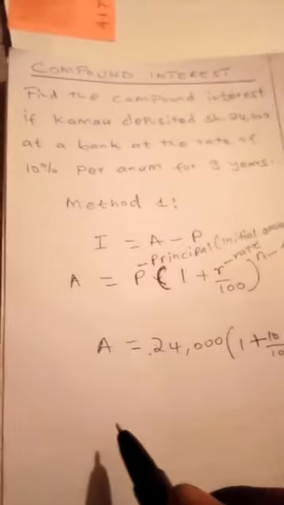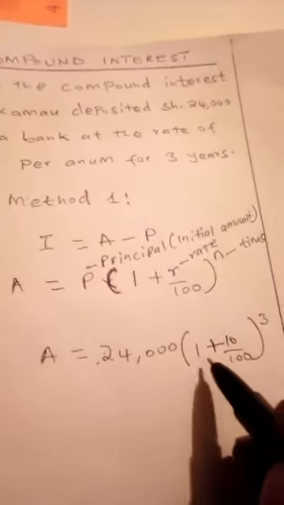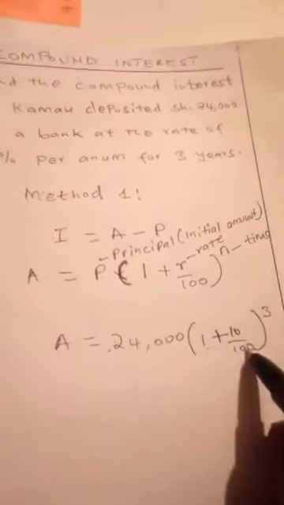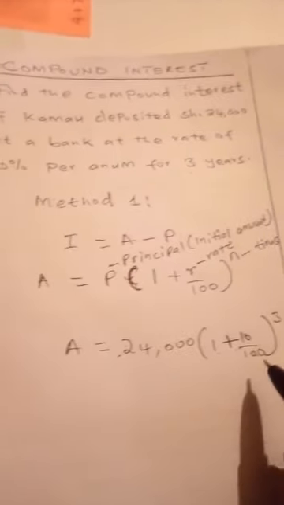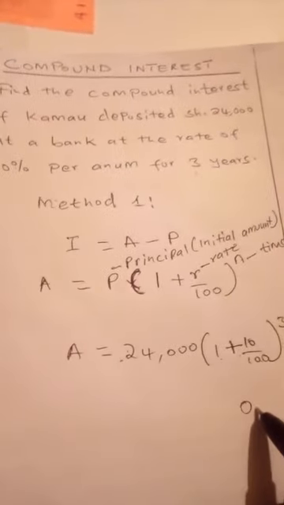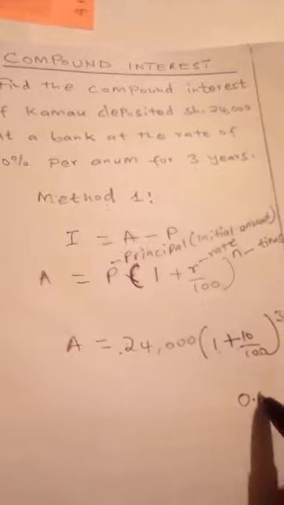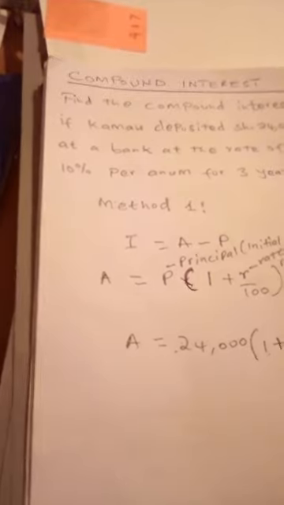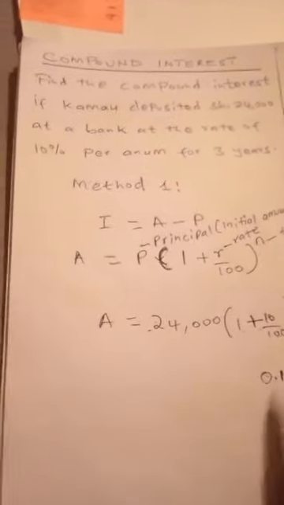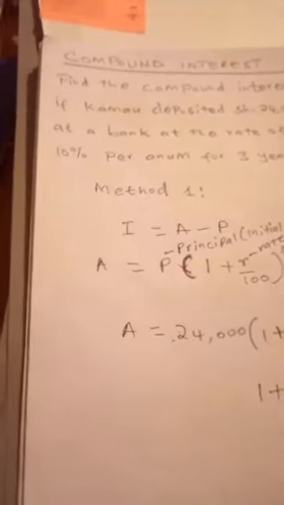So 1 plus 10 over 100. 10 divided by 100 is 0.1, plus 1.